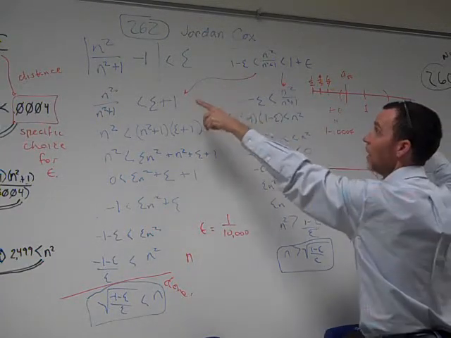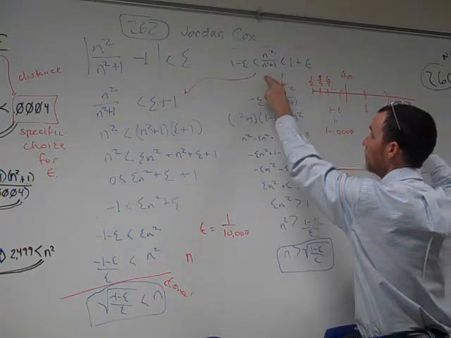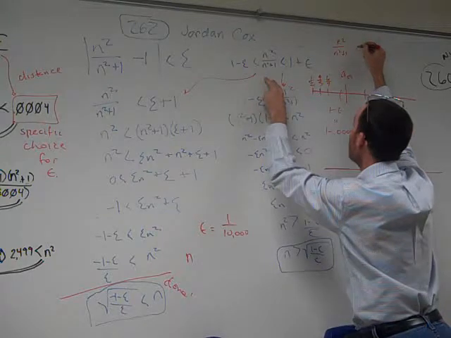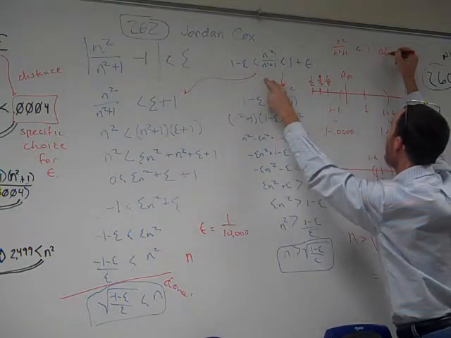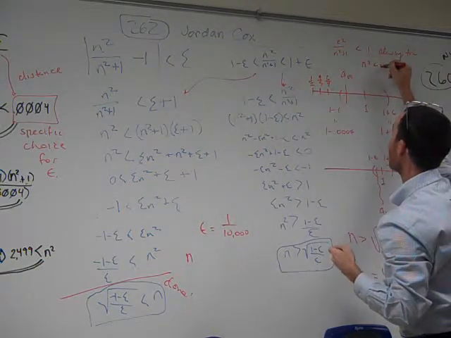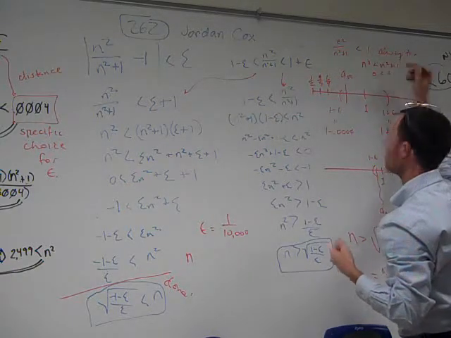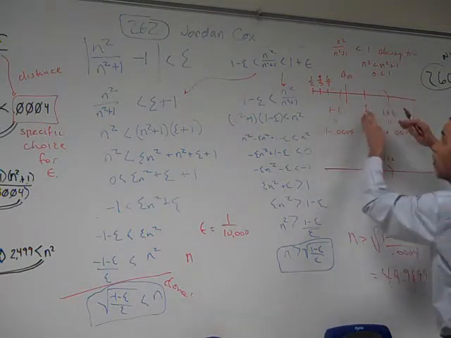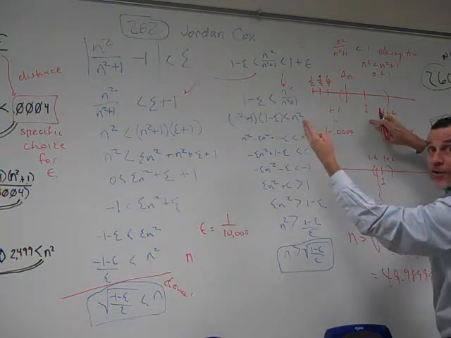This sequence, n squared over n squared plus 1 is less than 1, is always true. Because if you multiply it across, you'd have n squared less than n squared plus 1, 0 less than 1. So 1 is an upper bound for the sequence.